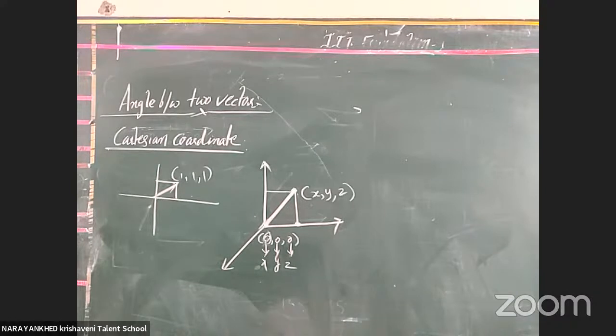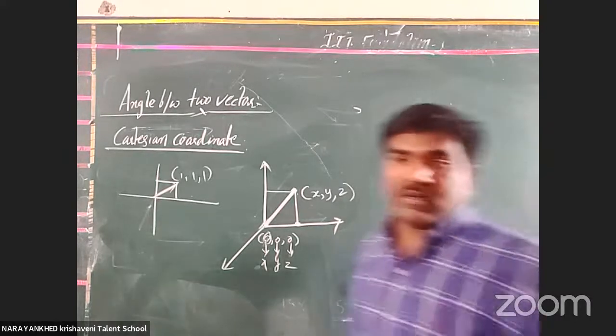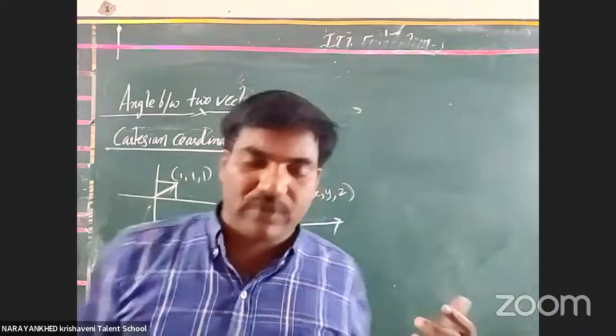This is what is called the Cartesian coordinate system. I hope you got it. In the Cartesian coordinate system, every time it should not be positive only. Sometimes negative components also may come. Got it or not? Different components may come for us.